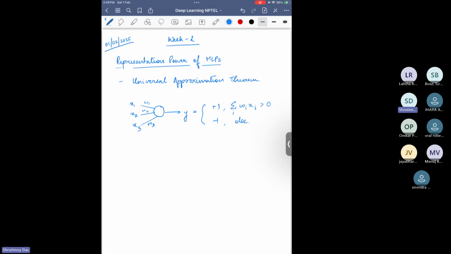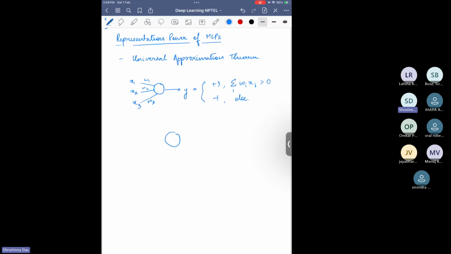So you have inputs x1, x2, and x3, you pass them through a logistic layer, and y is sigmoid of the summation of wi xi. This gives you a probability of observing the output being of the positive class or negative class or some other decision that you may want.